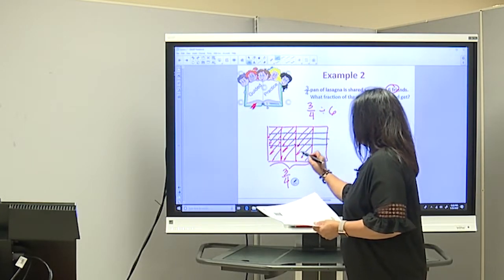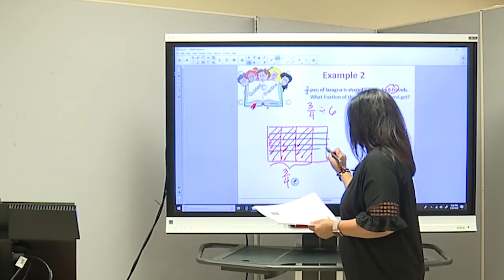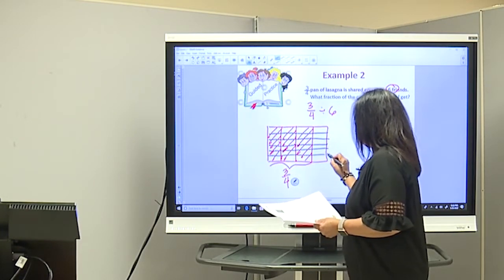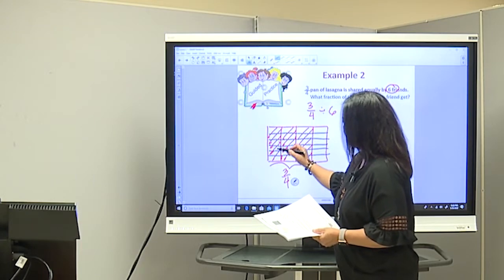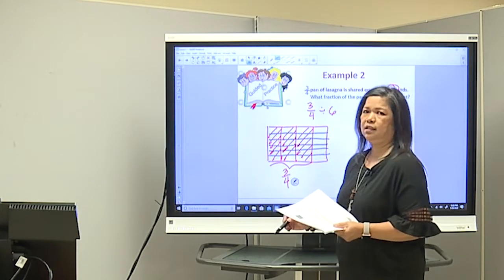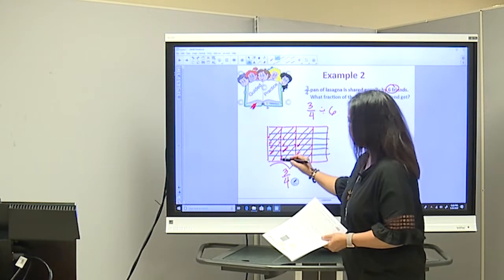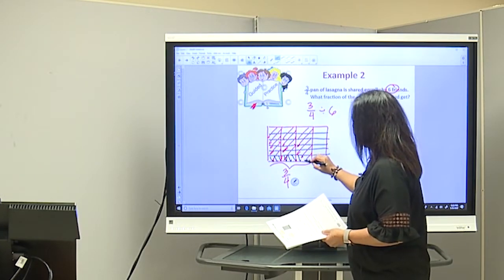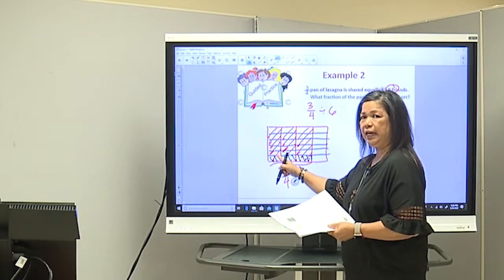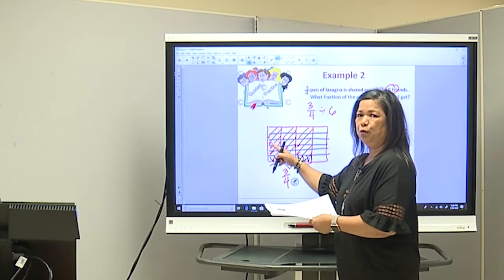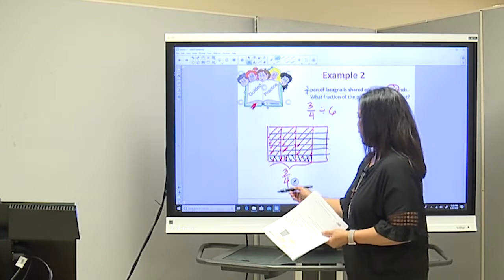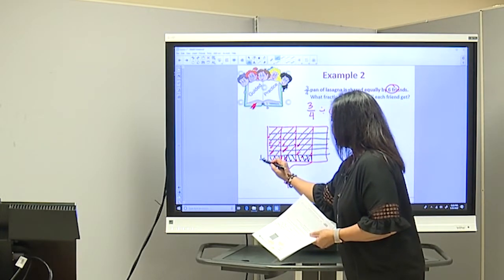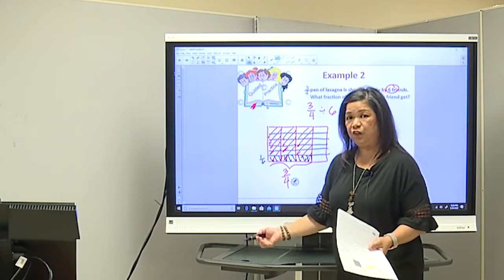I got 3 up there, 3 here. So there are 1, 2, 3, 4, 5, 6. Looking at this illustration, this part is for one of the friends, this one is for the second friend, the third, and the fourth, and there are 6 of them. So this one right here is 1 out of 6 friends.